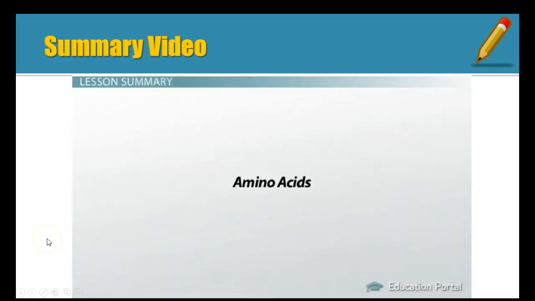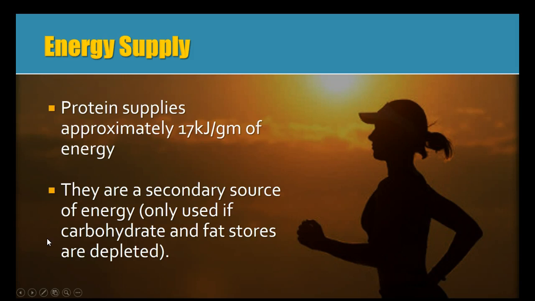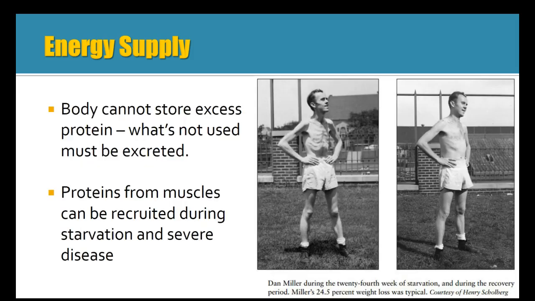Let's review. Okay, so in terms of looking at protein as a source of energy, it supplies approximately 17 kilojoules per gram of energy, so very similar to carbohydrates, and they are a secondary source of energy. So the body cannot store excess protein. What's used tends to be excreted.